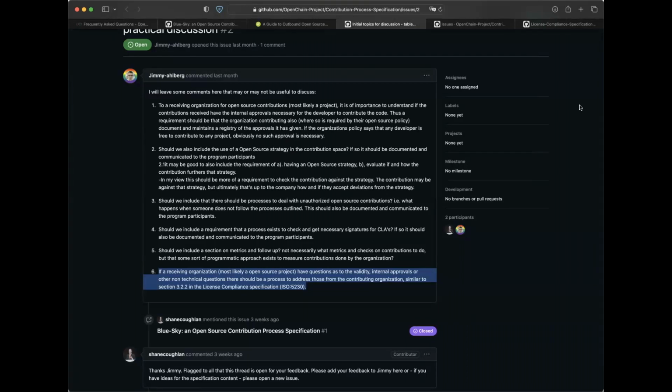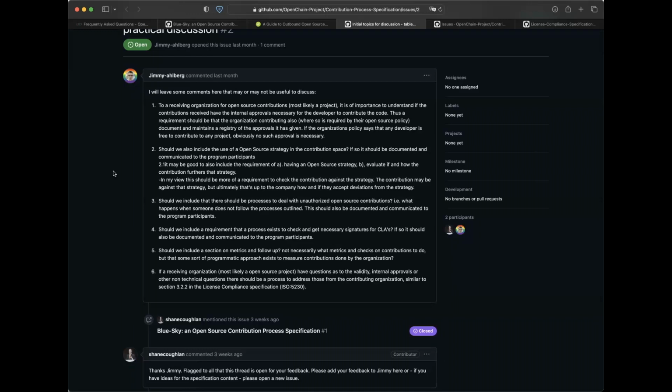When looking at this issue, there's one thing which pops up in my mind: there are two different directions of contributions. One is, and I think that's probably the majority, an organization contributing to a project outside of the organization, where it's all about the process to make sure you have the transparency, the rights, and so on.